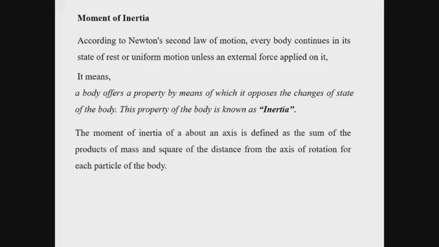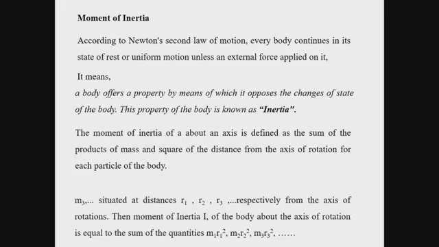The moment of inertia about an axis is defined as the sum of the product of mass and square of distance from the axis of rotation for each particle of the body. For example, consider a body made up of a number of particles of mass m1, m2, m3 and so on situated at distances r1, r2 and r3 respectively from the axis of rotation.